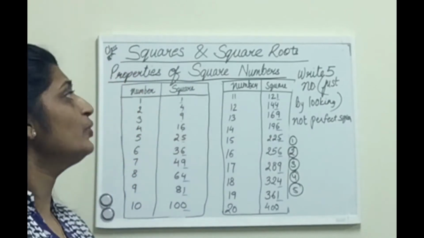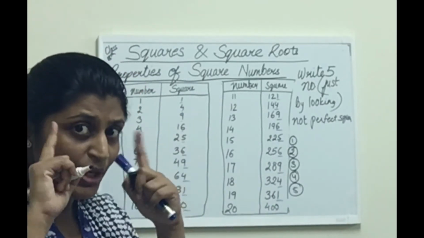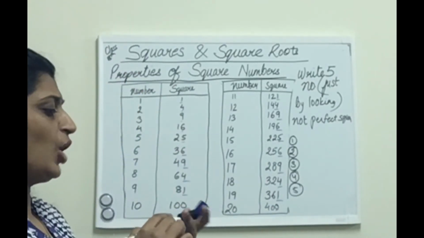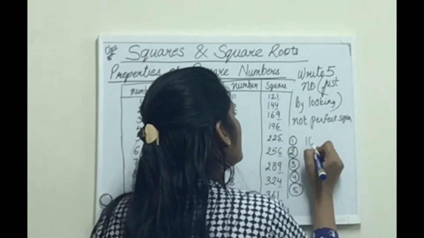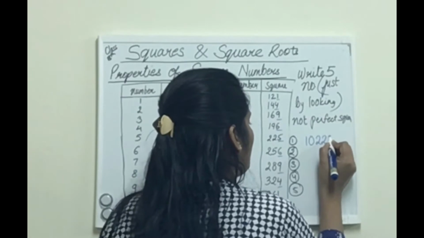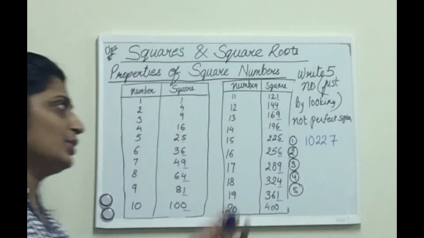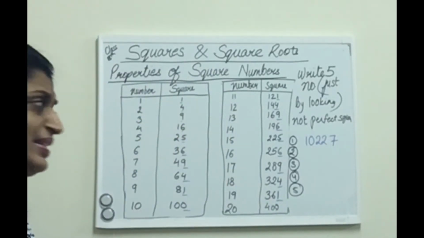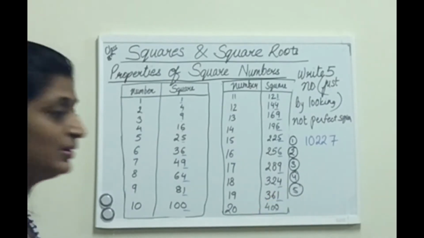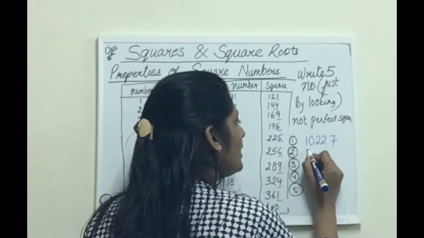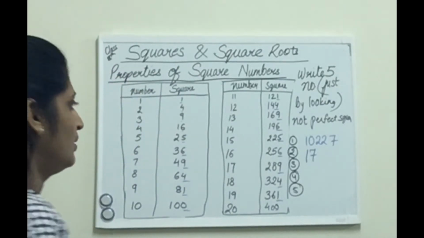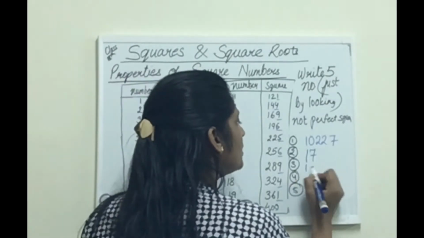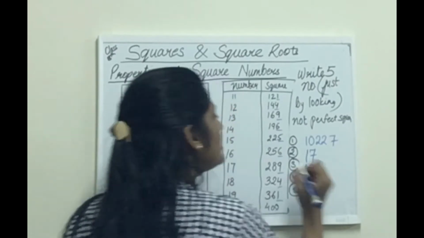Okay, I asked you for 5 numbers which, just by looking, we can say are not perfect squares. I can make many such numbers. So 10,227, a 5-digit number. Now another simpler number, 17. Another simpler number, 19.